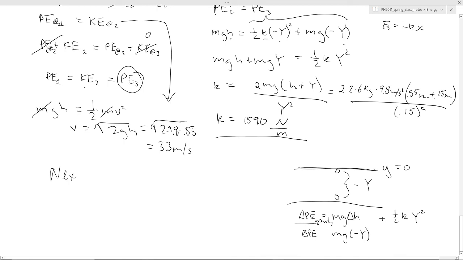Next time we're going to consider what if mechanical energy is not conserved.